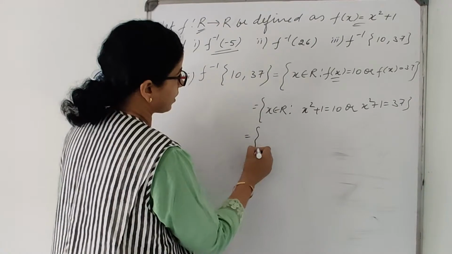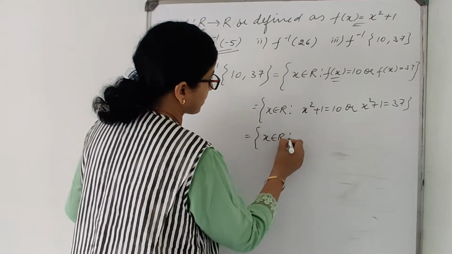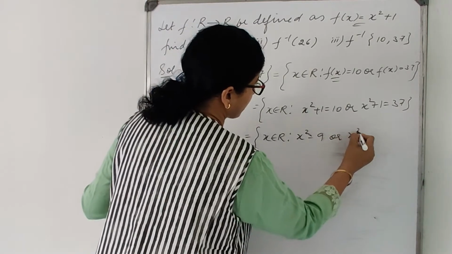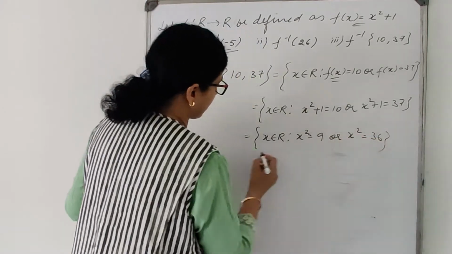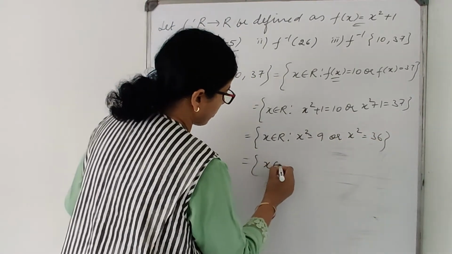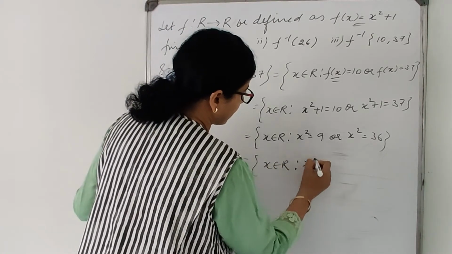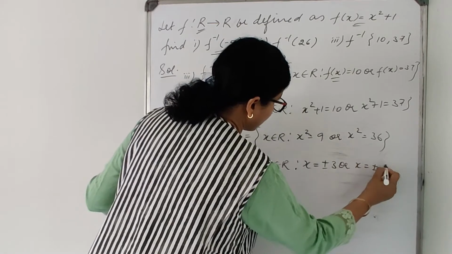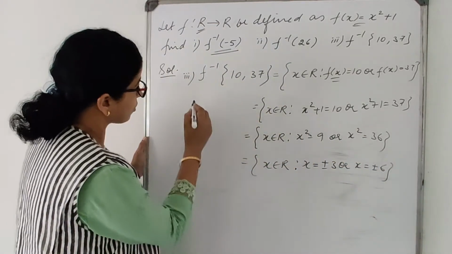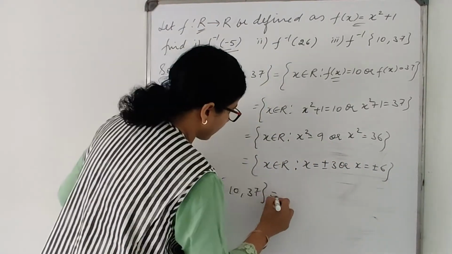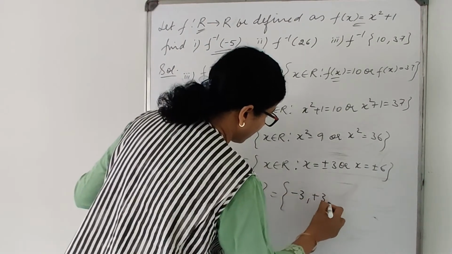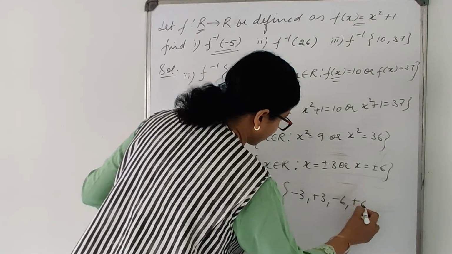Right? So what does that imply? x belongs to R such that x square is equal to 9 or x square is equal to 36. x belongs to R such that x equals plus minus 3 or x is equal to plus minus 6. So what is f inverse? It is minus 3, 3, minus 6, 6.